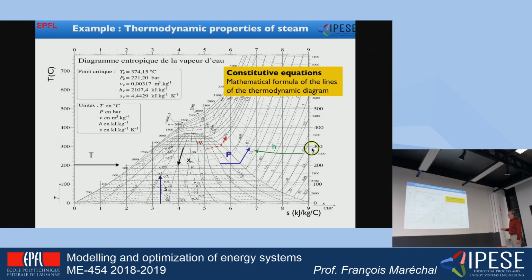If I'm following the enthalpy here, well, it's a special curve, okay? If I'm following the pressure here, you can see that the curve is really special. It follows this line, at a certain time it goes in here, and then afterwards it follows this line here. So it's not a straight line, huh?